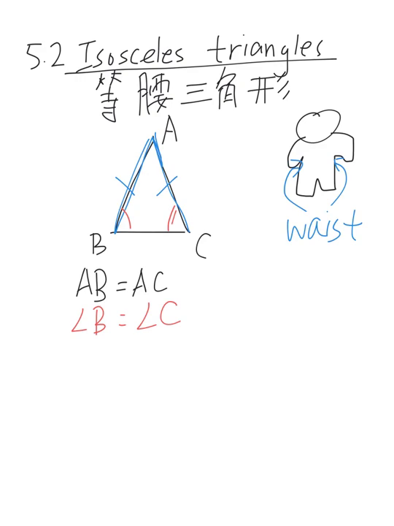So you can imagine that when you are trying to fold this triangle, you can try it at home. Fold it along this green line. So fold it. You can see that these two angles are basically the same, if these two sides are equal, if the waist is equal.